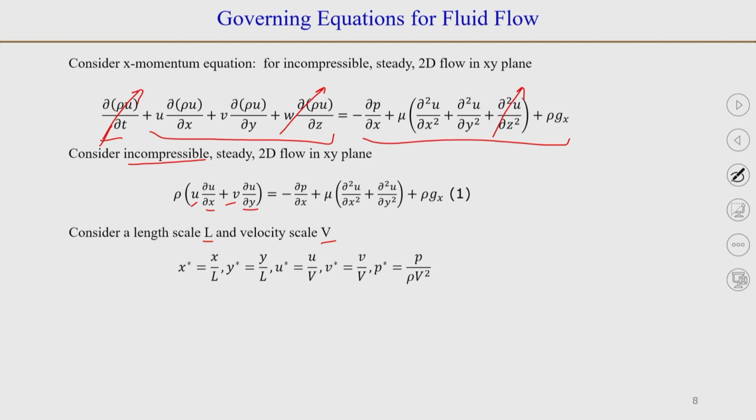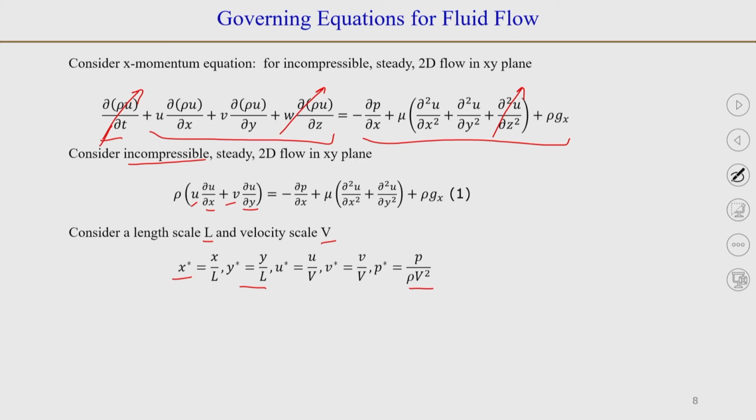The dimensionless variables we will represent with an asterisk. So, x* is equal to x over L, y* is y over L, similarly u* is equal to u by the velocity scale V, v* is equal to v over capital V, and the dimensionless pressure P* is equal to P divided by ρV².